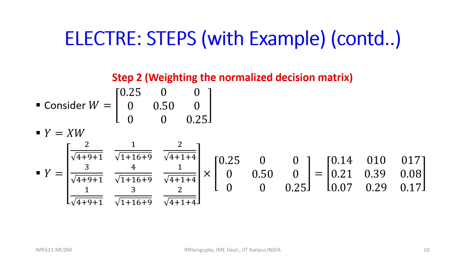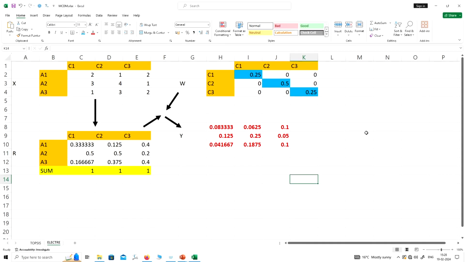Once the weights are given, I multiplied and found out y. The values are what we have calculated in this cell. I am only reading till 3 places of decimal: 0.083, 0.062, 0.100, 0.125, 0.250, 0.050, 0.041, 0.0187, 0.010, 0.100.